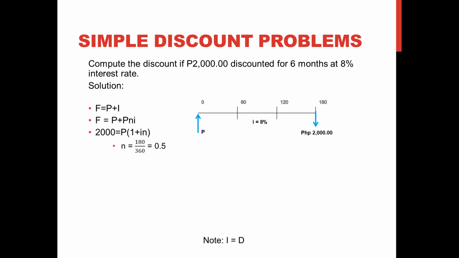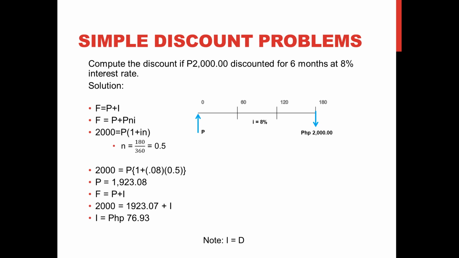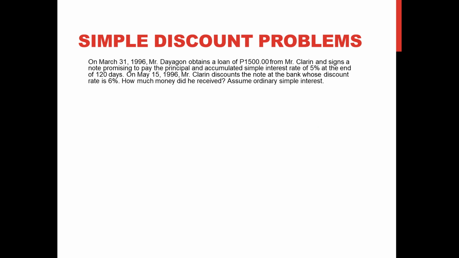And then from that, ito na, proportion ko yan, N is equal to 180 over 360. Employing that formula, we can derive the present worth 1,923.08. So the interest would be equal to 76.93 pesos. Okay? So wala yung formula ng banker's discount. Okay, moving on to the next problem.